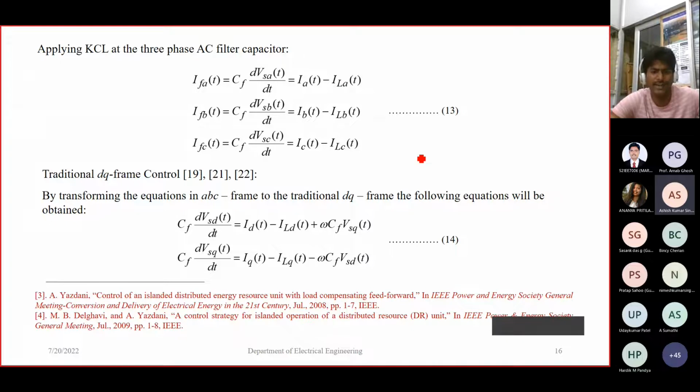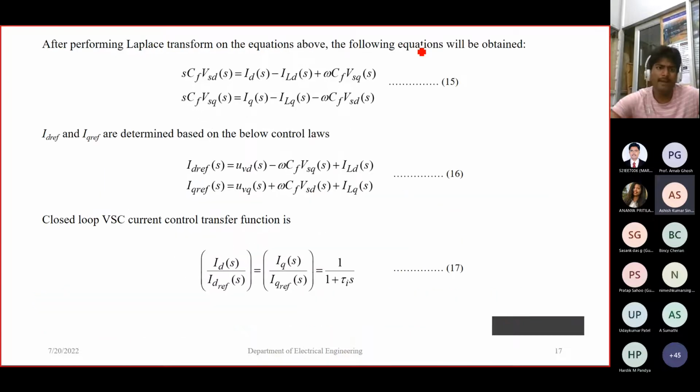Here also we first transform ABC to DQ to get equation 14, and after performing the Laplace transform we get equation 15. Here also we are decoupling, and I will explain the decoupling in the next slide. The closed-loop transfer function is shown in equation 17.